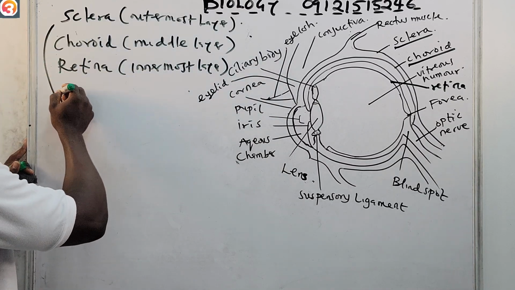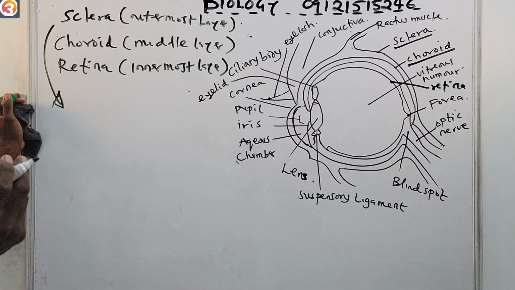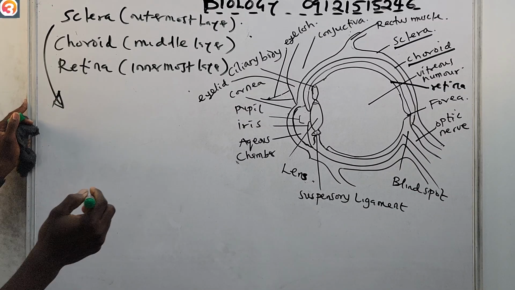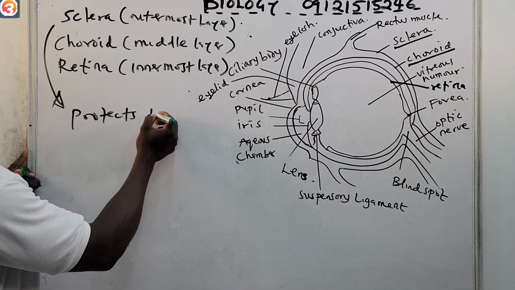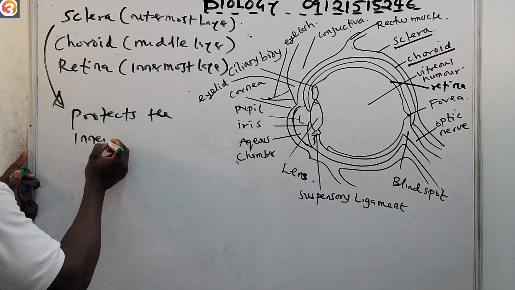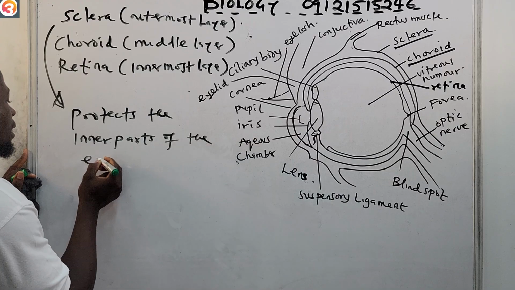Now, this sclera, the outermost layer, is a thick layer that protects the inner parts of the eye.